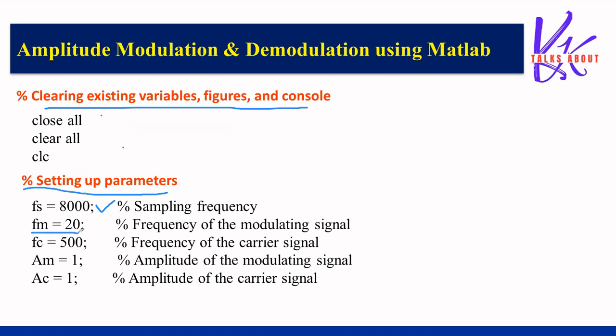We take the frequency of the message signal to be 20 hertz, which is a low frequency signal, and the carrier frequency to be 500 hertz, which is a high frequency signal. We define the amplitude of the message signal to be 1, and the amplitude of the carrier signal to be 1.